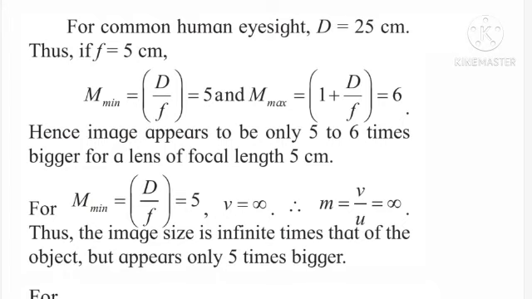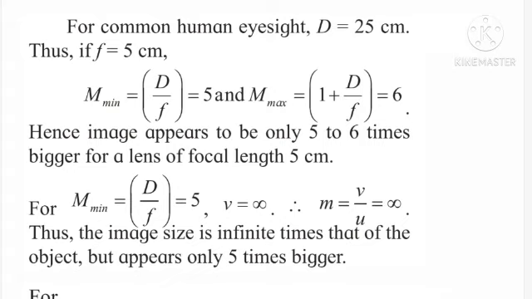For minimum magnifying power, d upon f is equal to 5, and if we take the image distance as infinity, the ratio of image distance to object distance will be infinity because v is infinity. So the magnification in image size must be infinity, but the minimum magnifying power would be 5 times bigger only.